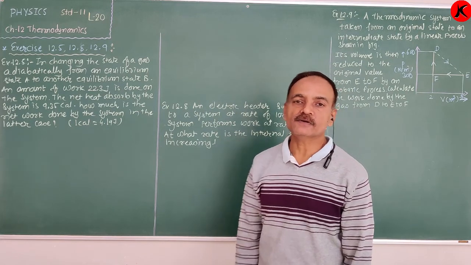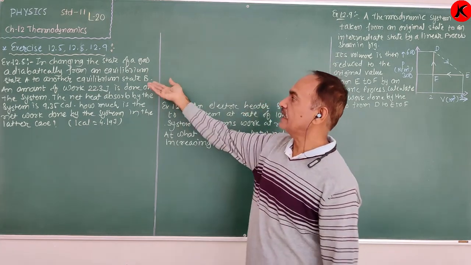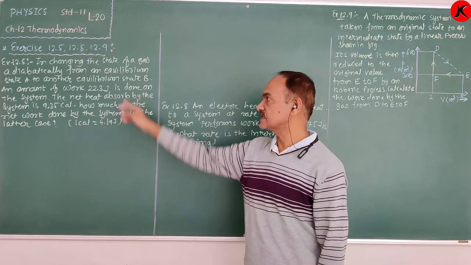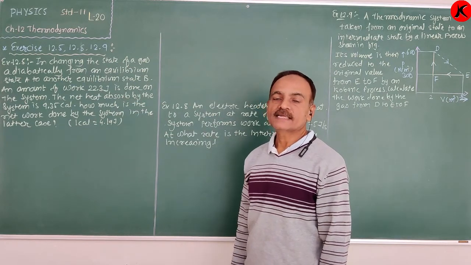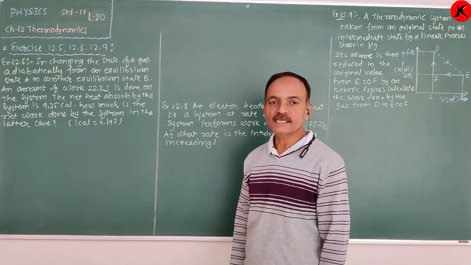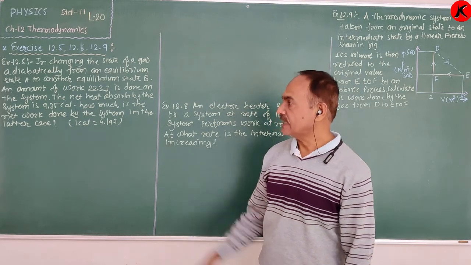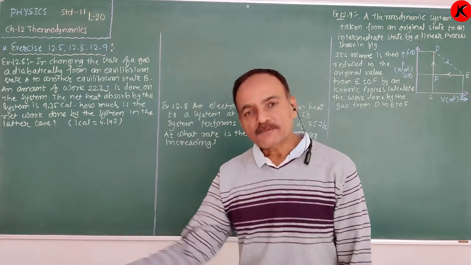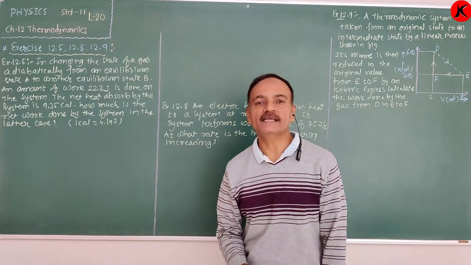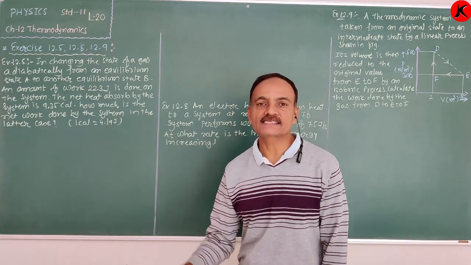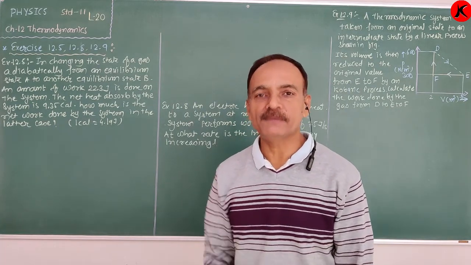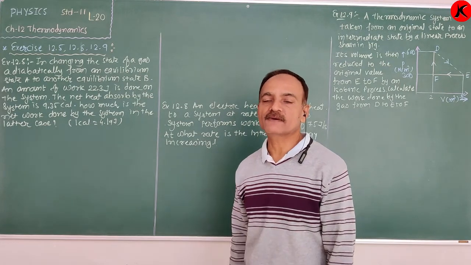We have to find out first the work done on a system adiabatically, that is given as 22.3 joule, and then by absorption of the heat, the gas is changing from state A to state B. We have to calculate the net work done.